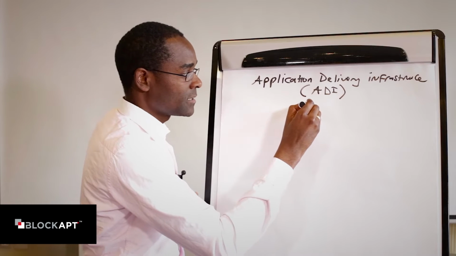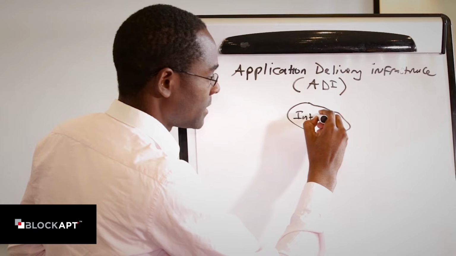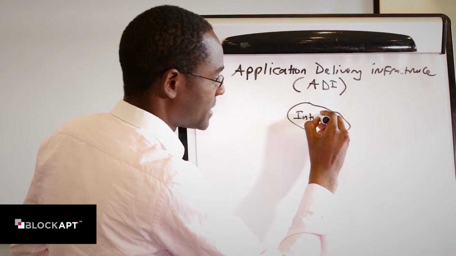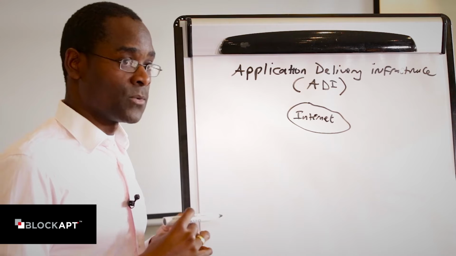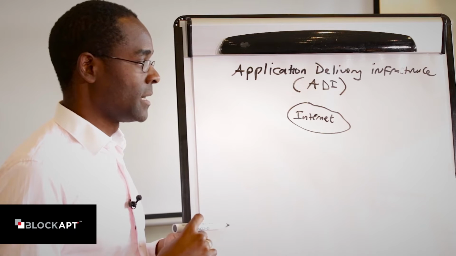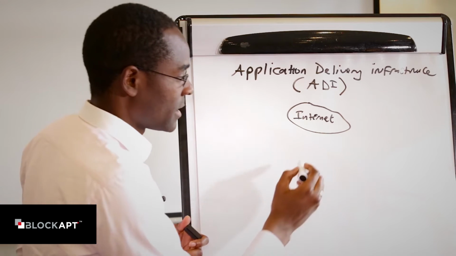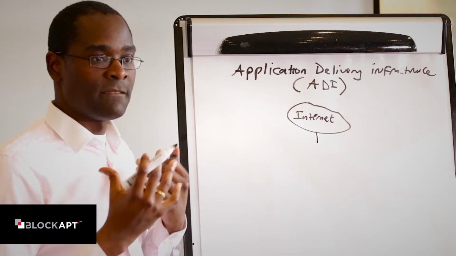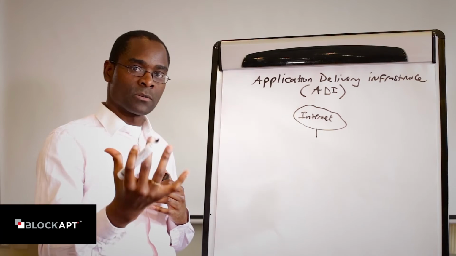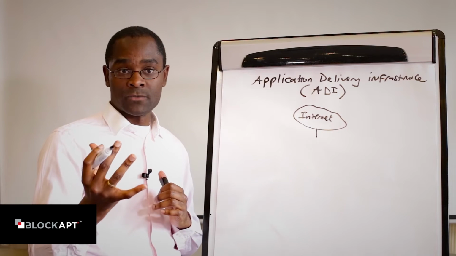So let's start with a very simple internet presentation here. This is my internet, where we're connecting to this global network of interconnected devices. Eventually that network is going to terminate onto your own infrastructure, meaning your company network, or it could be your provider network.